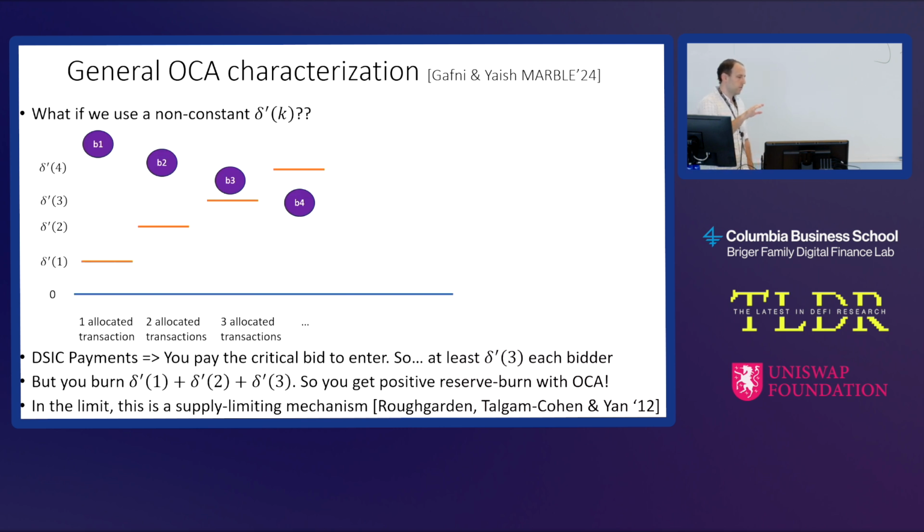But when you do this kind of non-constant burn, you're actually able to extract revenue even in the uncongested case. And the reason this happens is a bit strange, maybe. You have these different levels of burns. Now the price in a DSIC, an incentive compatible for the users mechanism, is going to be the critical bid for the transaction.